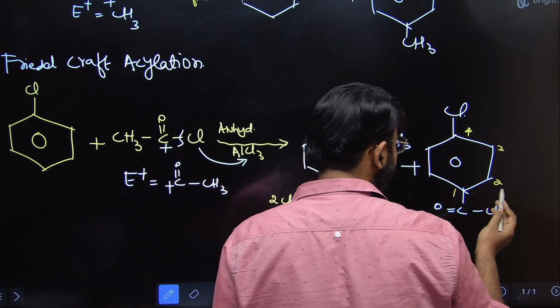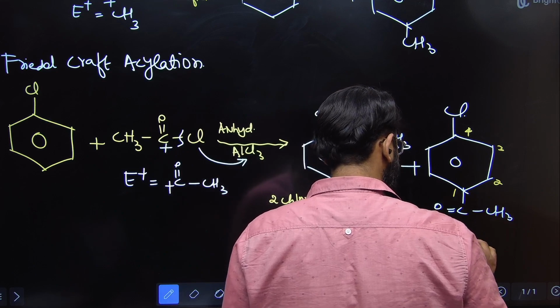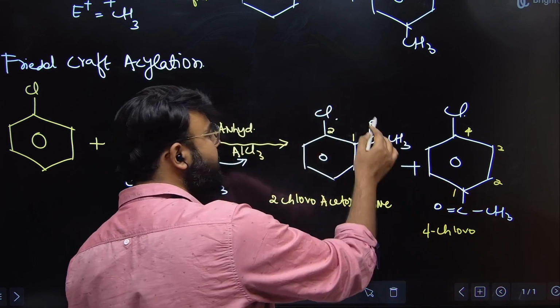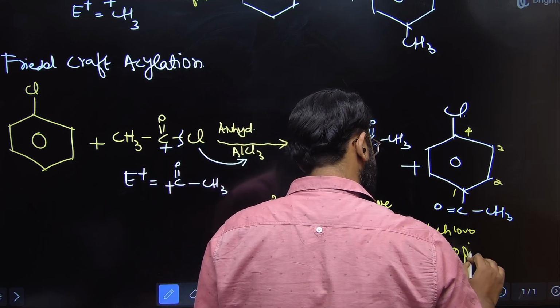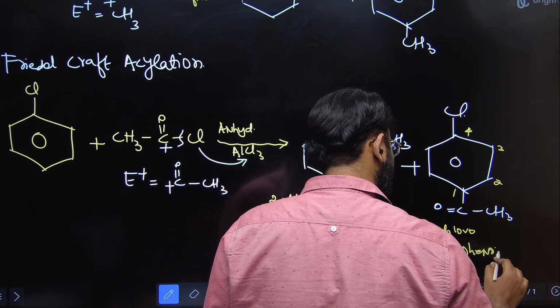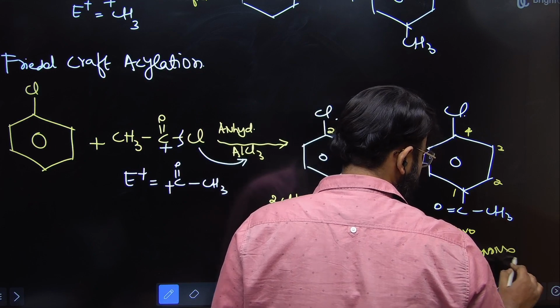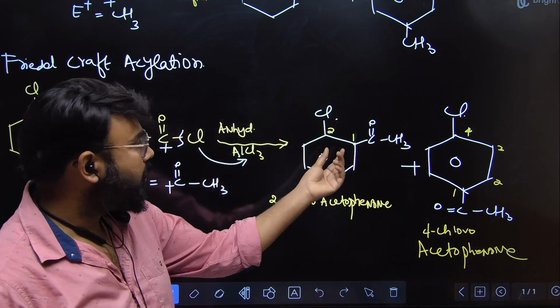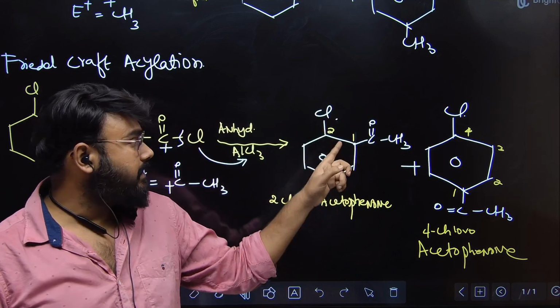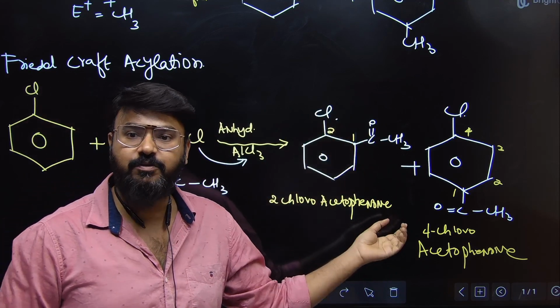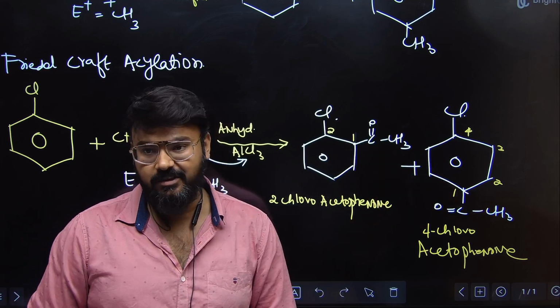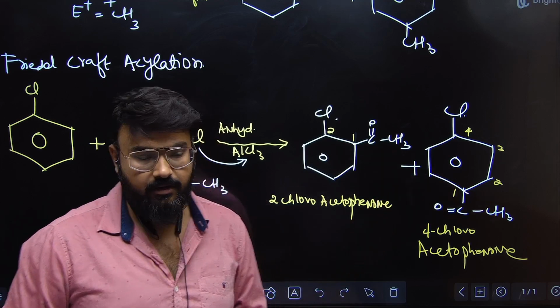And what will be here? 4-chloro. This whole ring with COCH3 is called acetophenone. You got it, no? You can also call it, with respect to this being the ortho position, orthochloroacetophenone and parachloroacetophenone. You can also say it like that, okay? Got it, no?